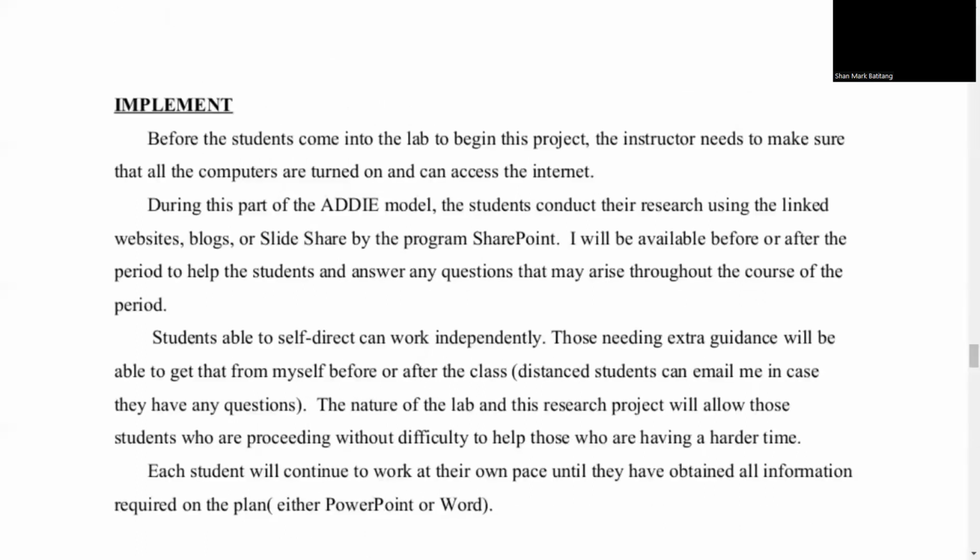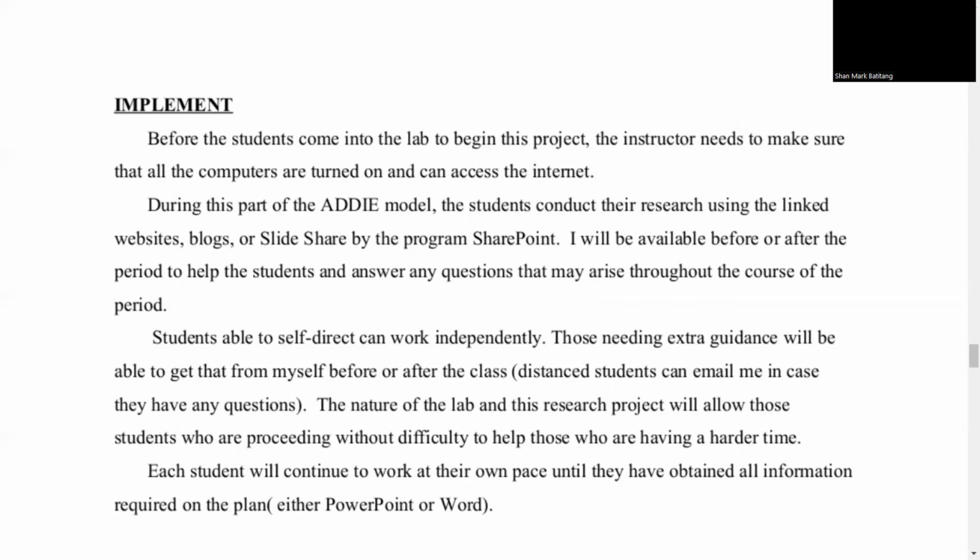Let's proceed to the implementation phase. Before the students come into the lab to begin this project, the instructor needs to make sure that all the computers are turned on and can access the internet. During this part of the ADDIE model, the students conduct their research using the linked websites, blogs, or slides shared by the program SharePoint.